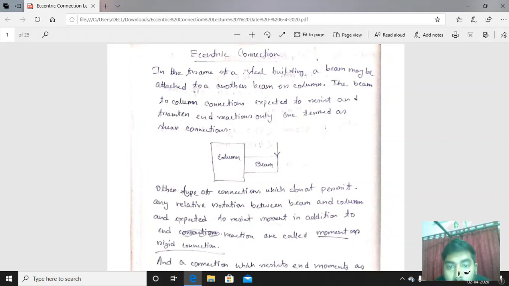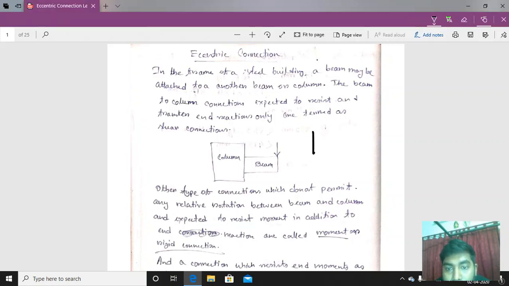Consider if this is a beam member, and a load is acting here at a distance L. So at this point there will be shear force plus bending moment.